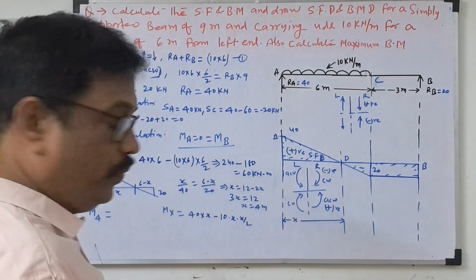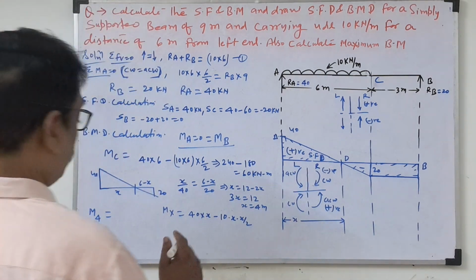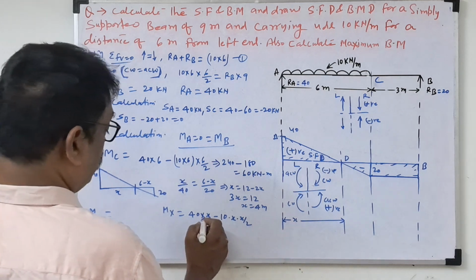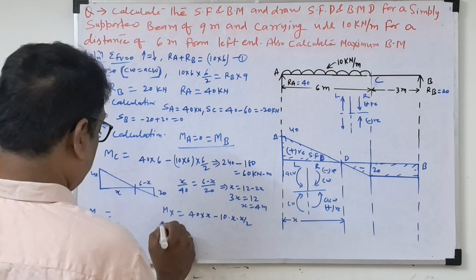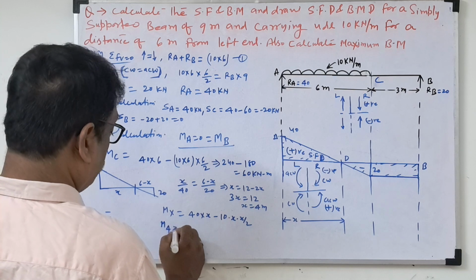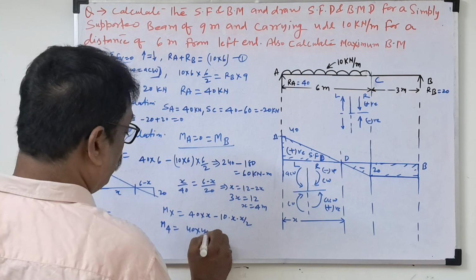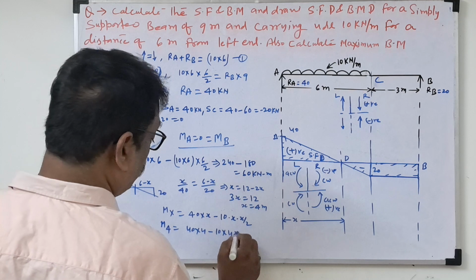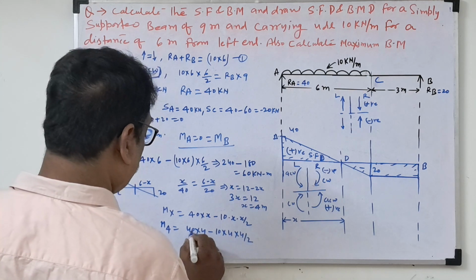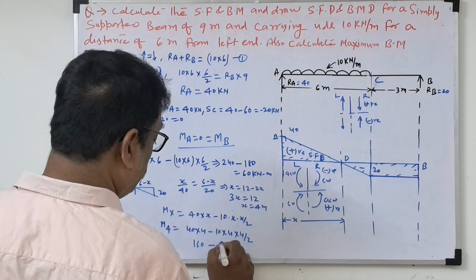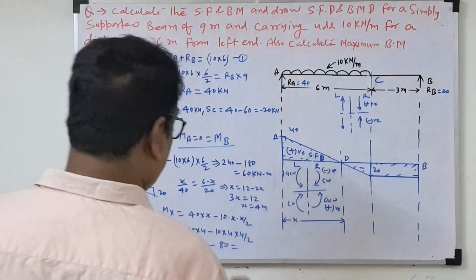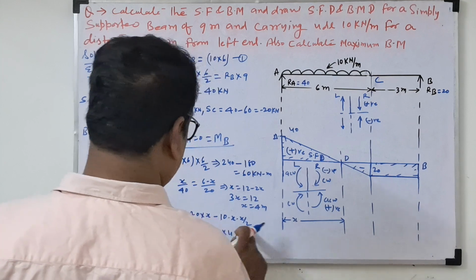So if we substitute x equal to 4, M4, what will come? M4 equals 40 into 4 minus 10 into 4 by 2. So 160 minus 40 times 2, 80. The 2 gets cancelled, 10 into 4 by 2, 40 times 2 is 80.